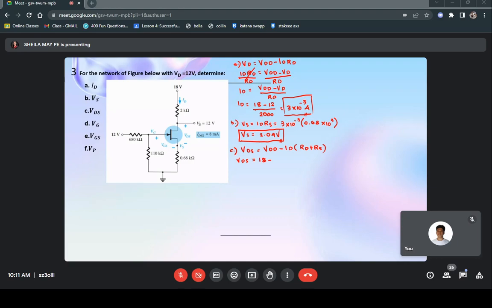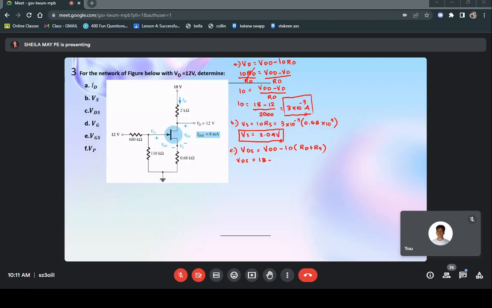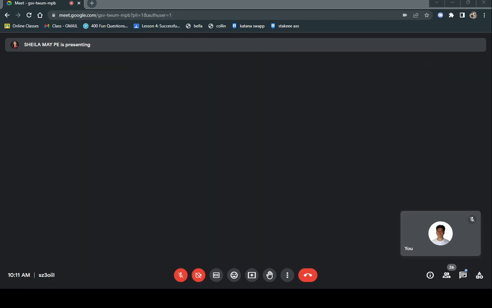Okay. Now for the VG class, there are two voltages for this voltage divider, two biases. Now this voltage here is the voltage that flows from our drain to source. However, this voltage only flows for our gate terminal. So the voltage you will use here is 12. R1 is 6. Hold on, this is not.